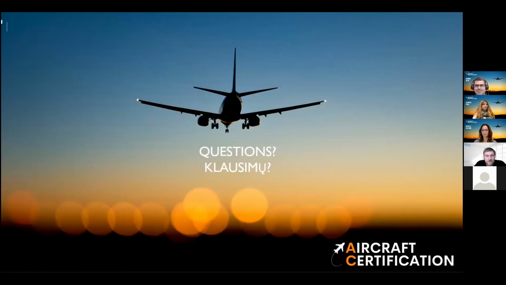Okay, I have one question. I am not a specialist in thermodynamics, I'm sorry, but for me it's very interesting. You talked only about temperature distribution inside the airplane, yes?